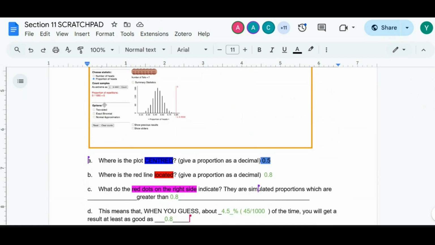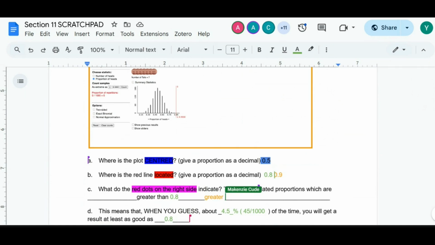All right. So whether you are green or orange, are you centered at 0.5? Yes, because they are doing true false tests. But where's the red line located? For the orange group, it should be located at not 0.8, but look, the red line is located at 0.9. Why? Because for this group, they got a score of 90% correct on their test, which had how many questions?